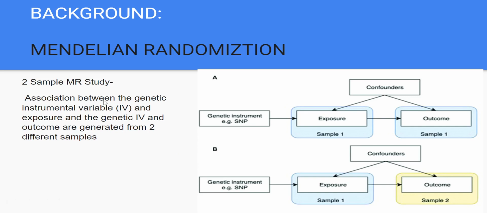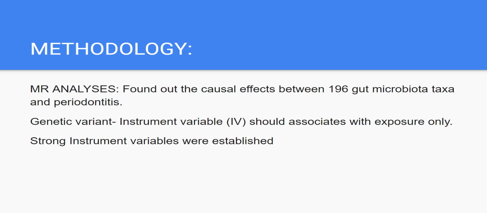Here is the association between the genetic instrumental variables, like SNPs, and the outcome, generated from two different samples. Here you can see. Then we will move on to the methodology.